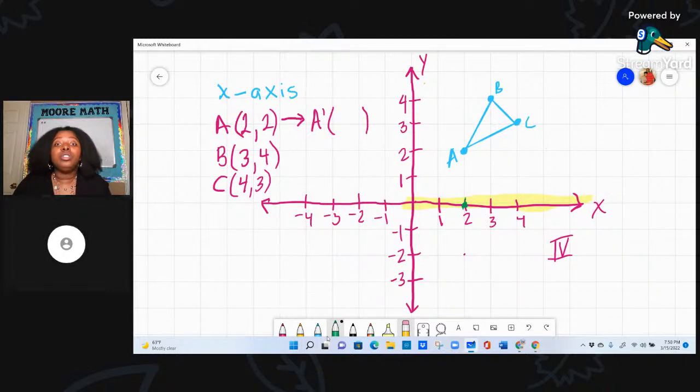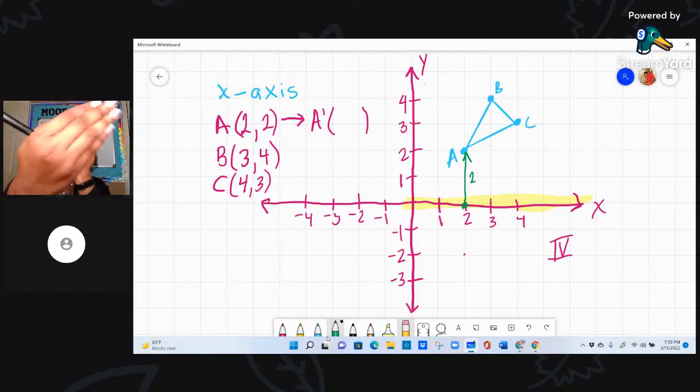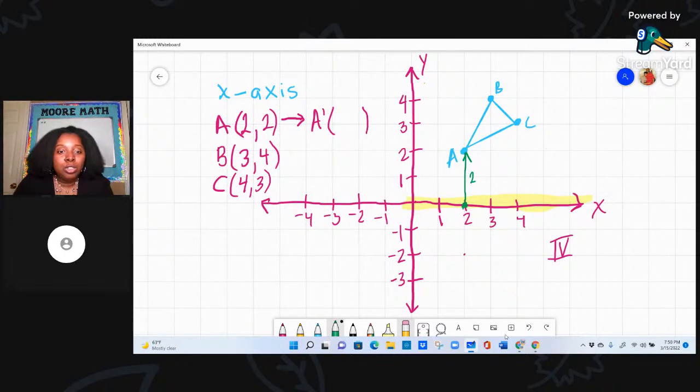Twice. 2 times, right? So if I move 2 times up, how far do I have to move down to be a reflection? Twice. Yeah, the same amount, right? So if this is the mirror and I'm this far away from the mirror, my reflection should be that far away on the other side, okay? So we're going to go down 2 spaces. 1, 2, and here we are.